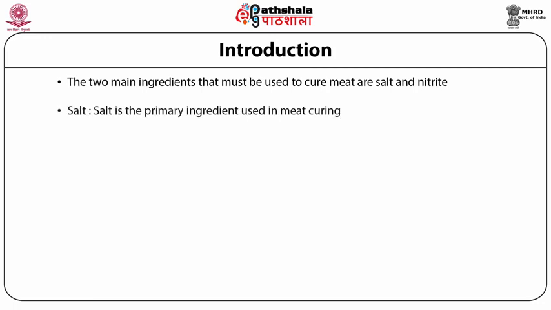Now, the salt. Salt is the primary ingredient used in meat curing. Originally, it served as a preservative by dehydration and osmotic pressure, which inhibits bacterial growth. Salt still functions as a preservative in the country-style cured meat product.